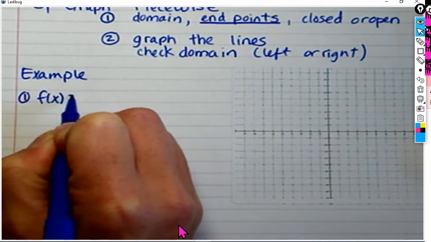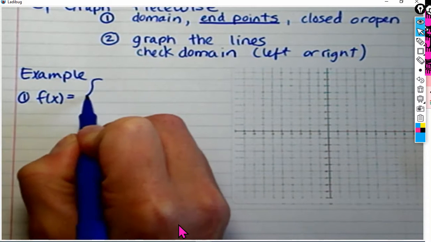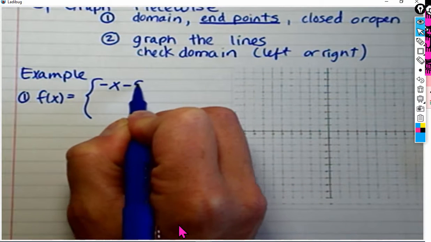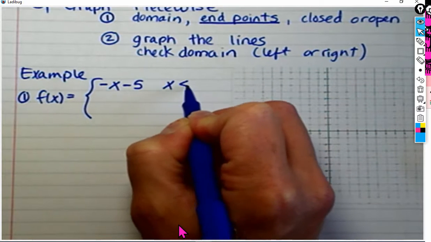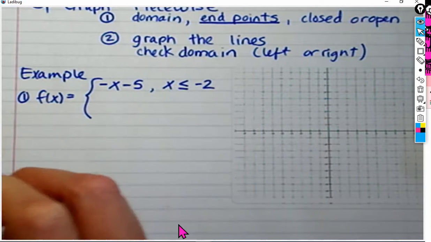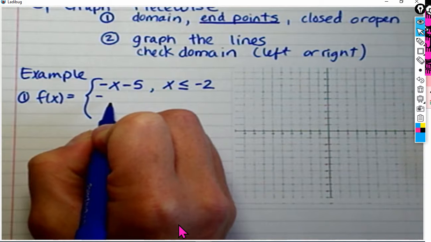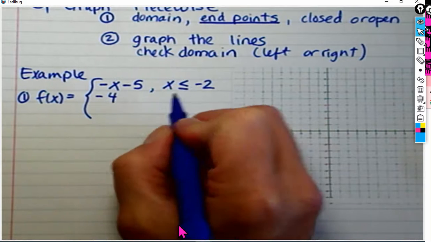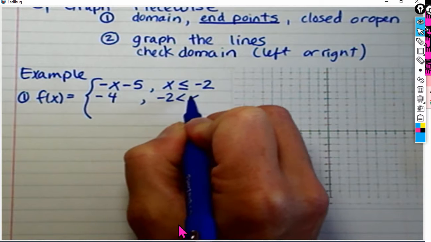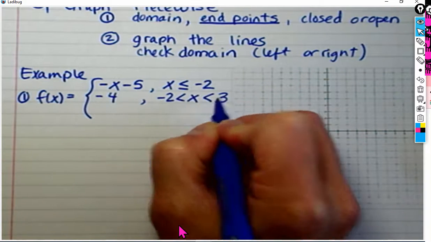f of x equals, okay, so we're going to do 3 pieces. This one is x is less than or equal to negative 2. Negative x, right? Yes. Okay. Negative 2 less than x less than 3.